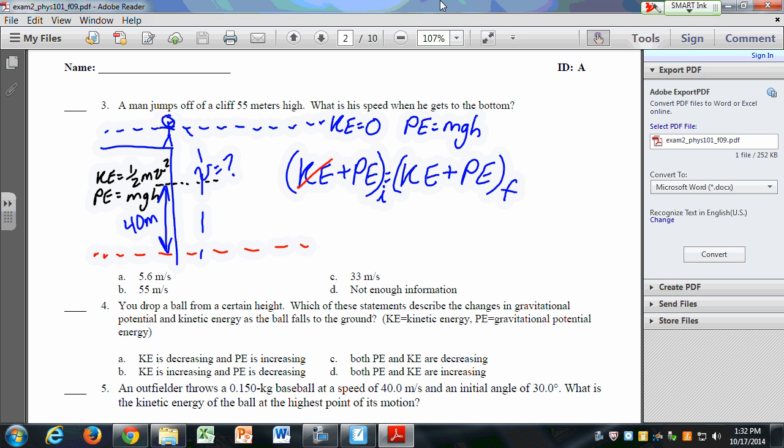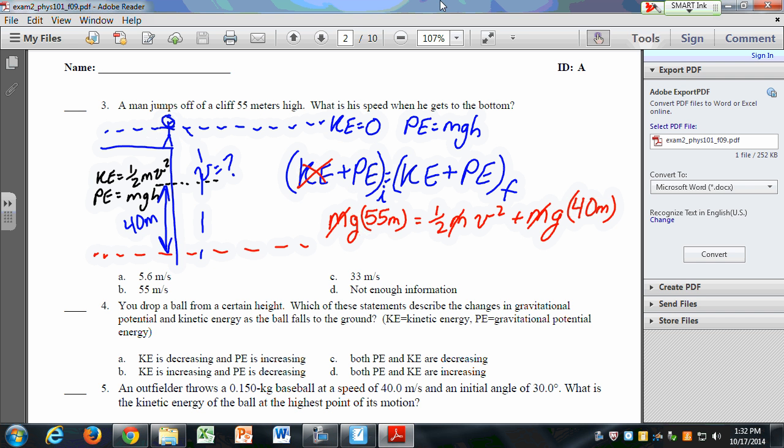Initially, the kinetic energy is equal to 0. So I would say mg times 55 meters, that's my h at the beginning, is equal to 1/2 m v squared plus mg times 40 meters. I'm solving this for v. Get rid of my m's, they all cancel out, as they usually do.